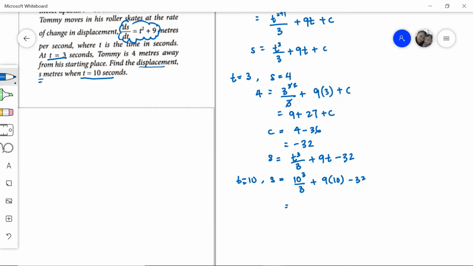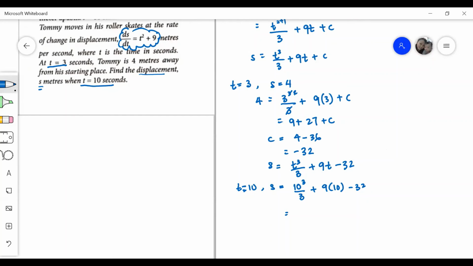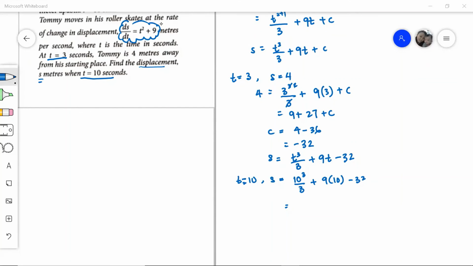Okay, this one, the number is not a simple whole number. So let's use the calculator. So the answer is 391 and 1 over 3 meter. Okay, that's it for question number 11.